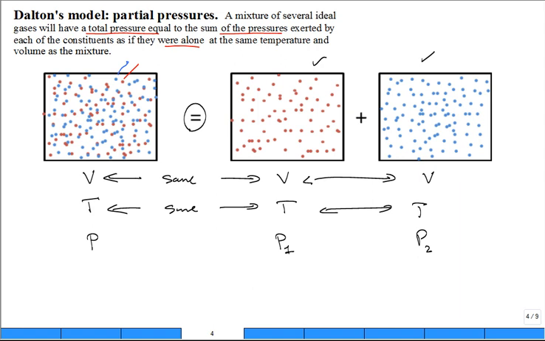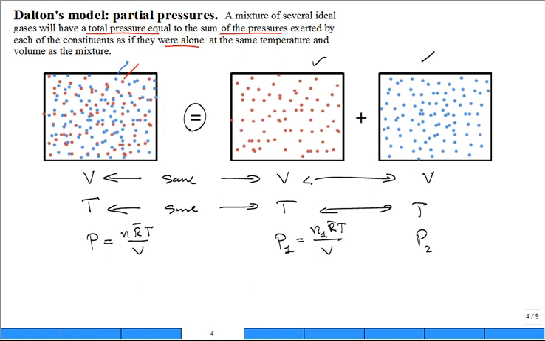Well, they always behave as an ideal gas, and now let's derive that relationship between P1 and P, or P2 and P. So if they always behave as an ideal gas, it's N R bar T over V. What did I just use? I needed to put a bar on that, right? What did I just write? The ideal gas equation. Can you write it over here? Now we're going to have the number of moles of that species, R bar T over V. So the same T and the same V.